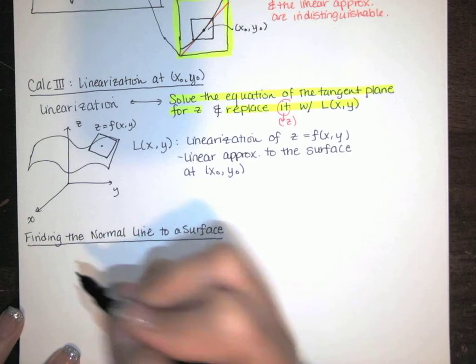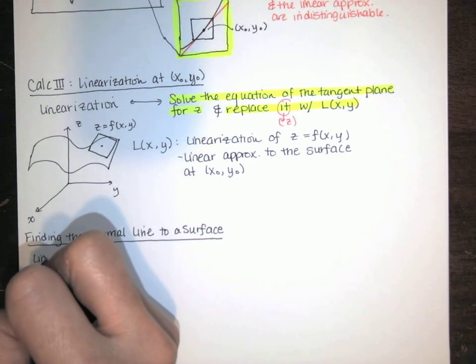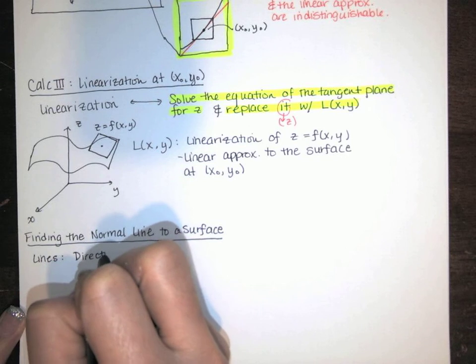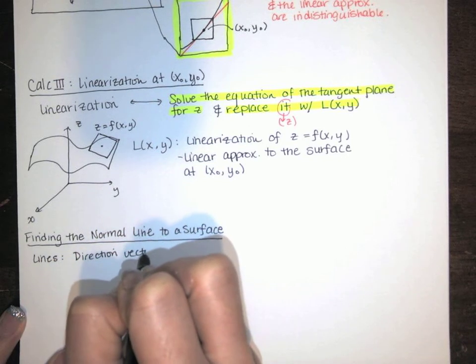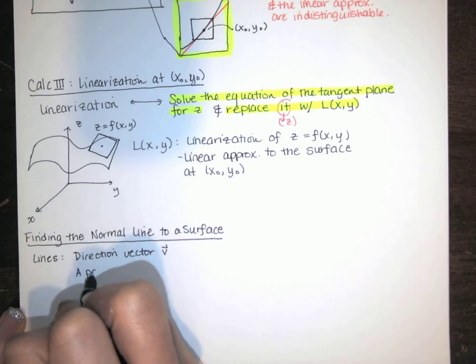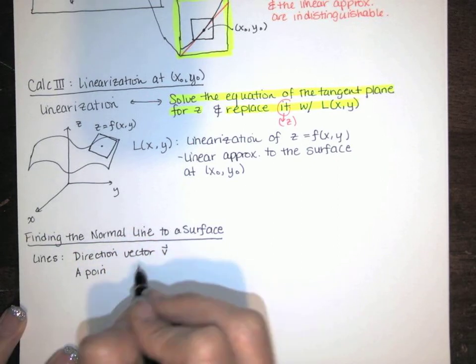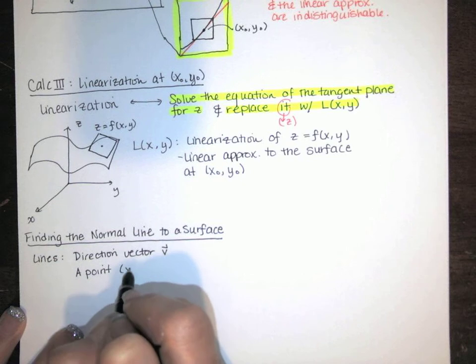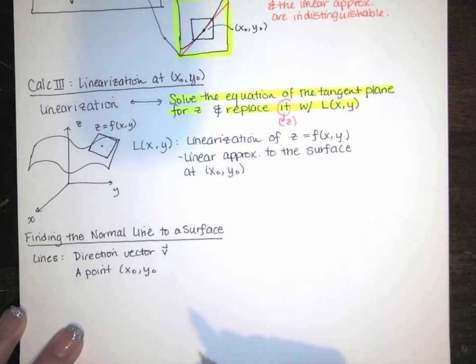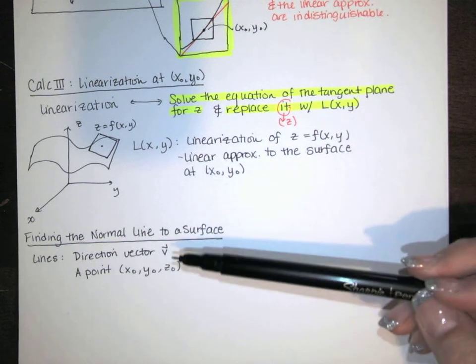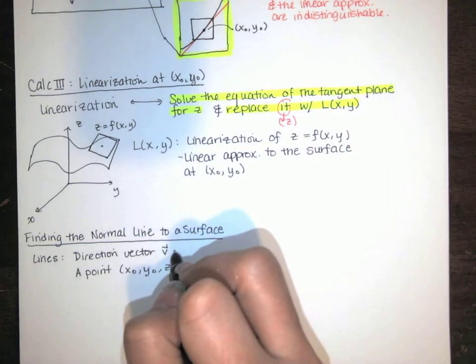Well, remember, a line has a direction vector. You need two things. You need a direction vector v, and you need a point on the line to distinguish it from all of the other lines that are parallel to v. So I'm going to write x naught, y naught, z naught because we're in three-dimensional space, but this could be in 2D or ND or however many dimensions you want. So that's what we need. We need a direction vector.